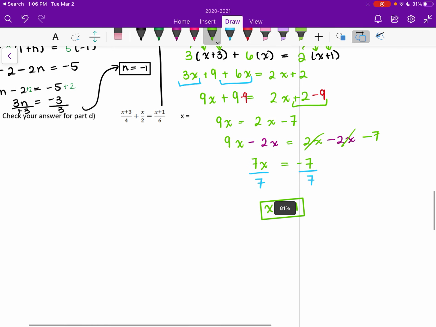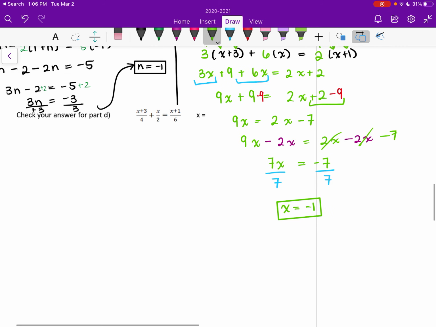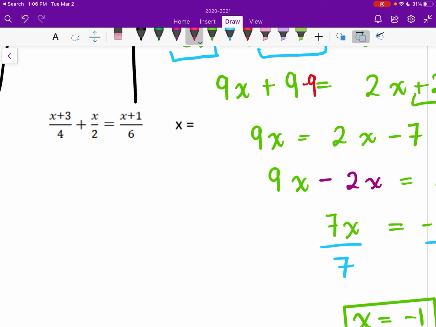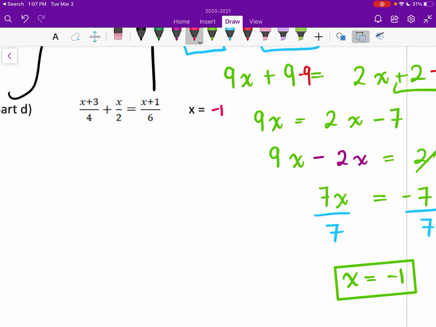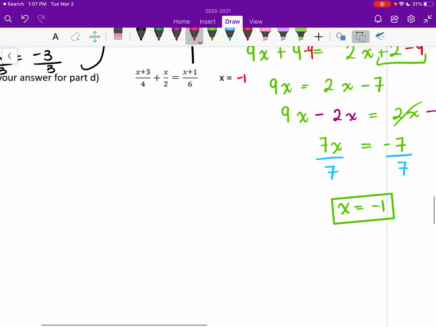Right, so you want to make sure that this is correct, so let's check our answer. We're going to say x is equal to negative 1, and you're just going to plug it in. So put in (negative 1 plus 3), and I'm always going to put it in brackets, divided by 4, plus negative 1 over 2, equals (negative 1 plus 1) over 6.